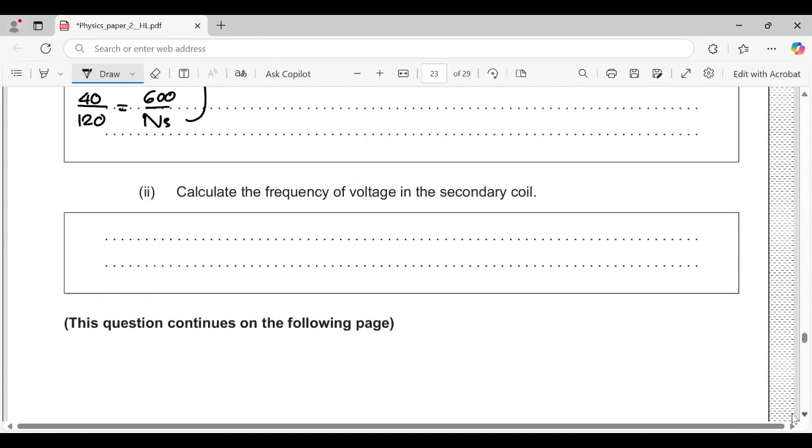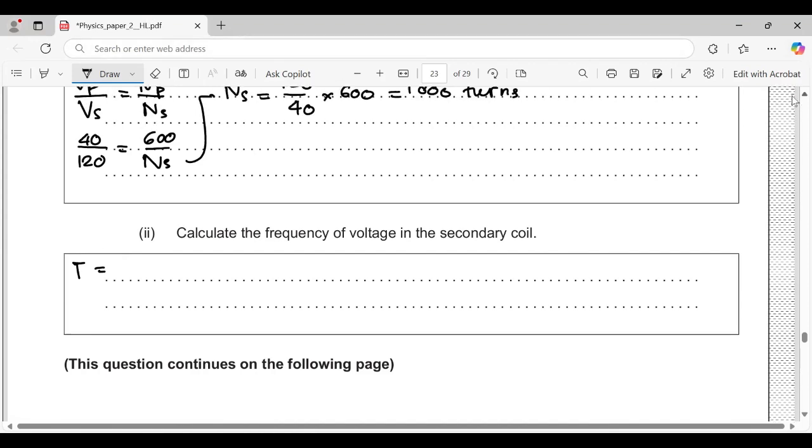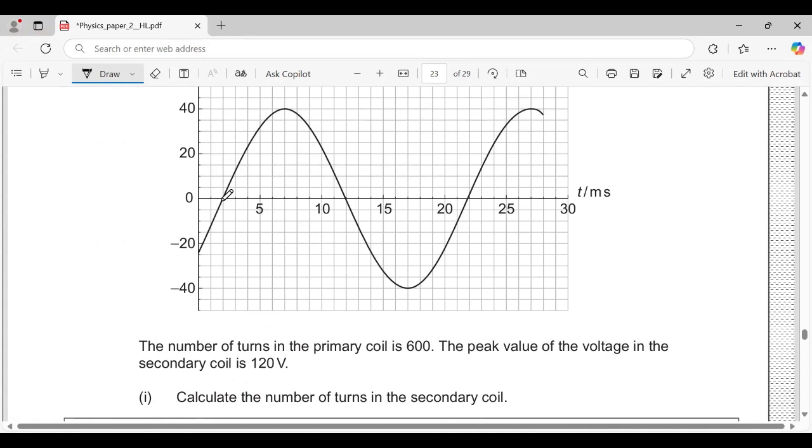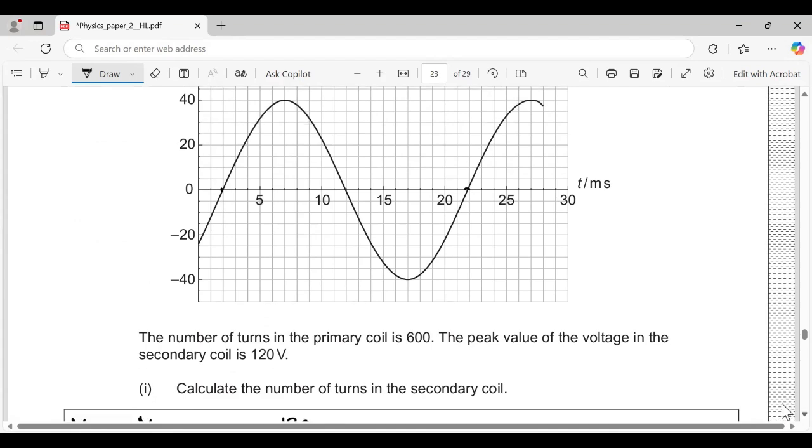Calculate the frequency of voltage in secondary coil. Right, so we need to find first the period, or T. We look in this graph from 2 to 22 here. That's one period, in milliseconds.